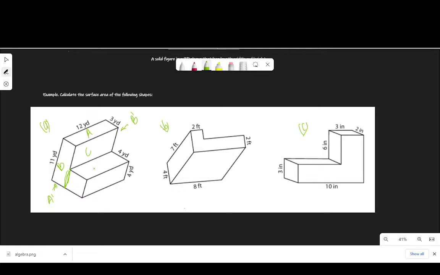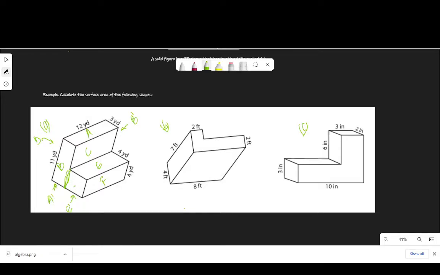Let me call this one C. This one is only one. Then I have another face here behind. Let me call it D. Then I have this one E. I have exactly the same face hidden. Let me call it E prime. Then I have this one F. It's only one.